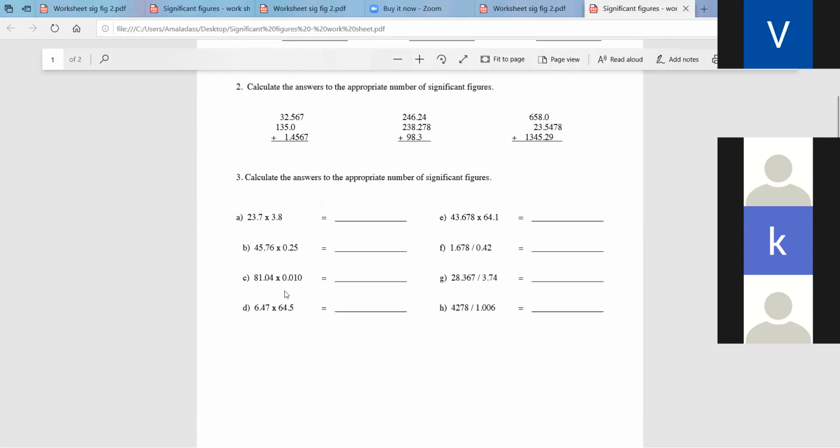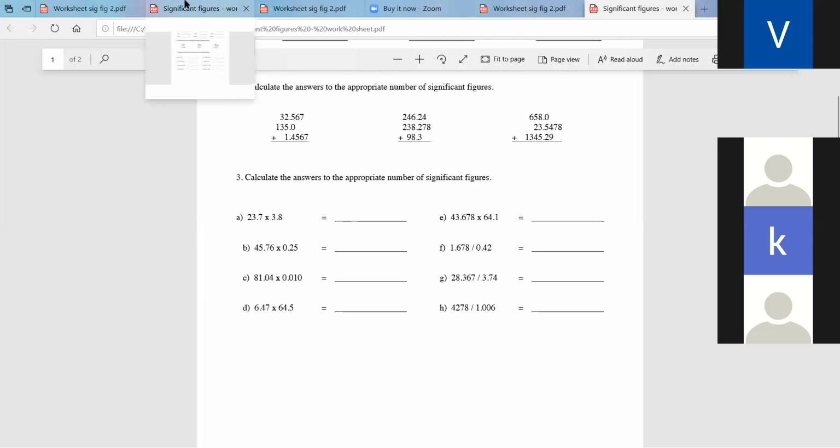Next, the third one. 81.04 into 0.010. Please tell me the true value first.